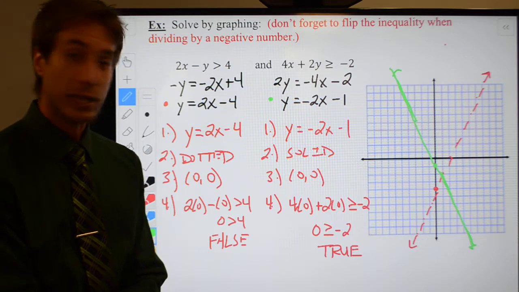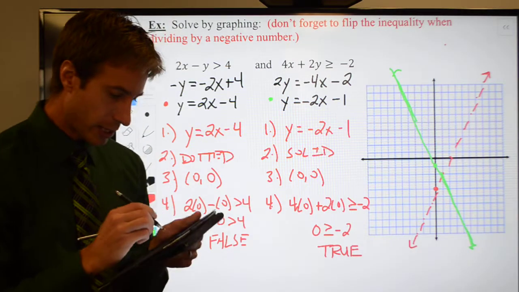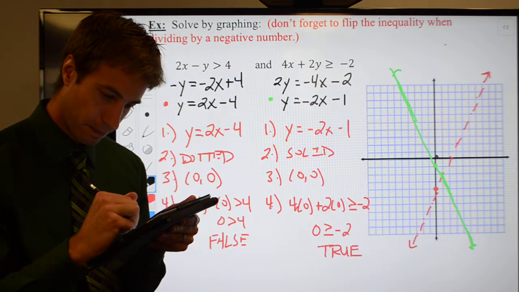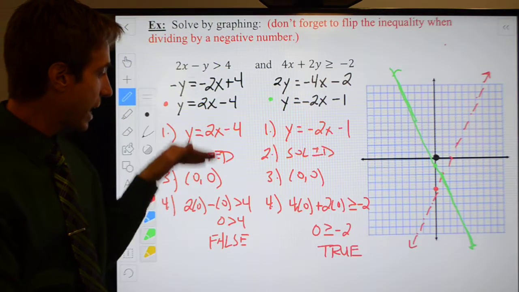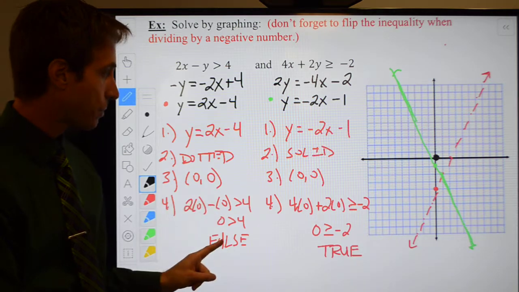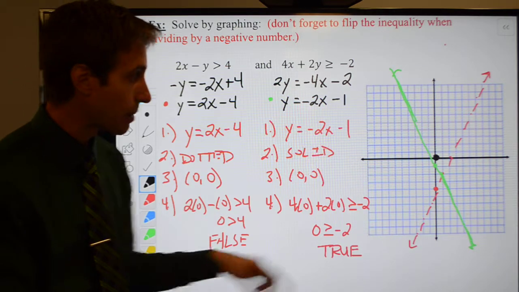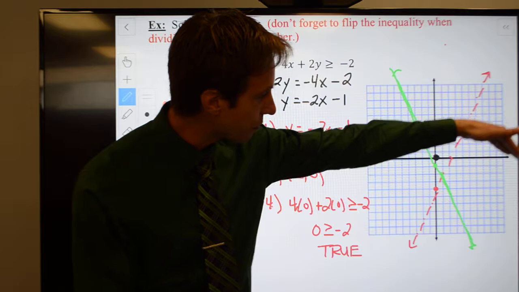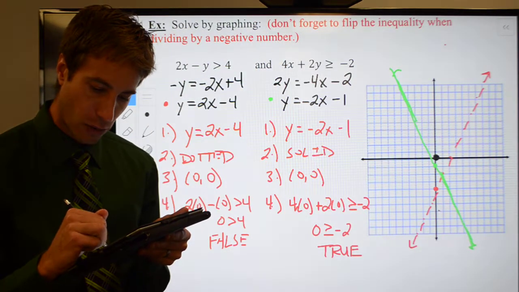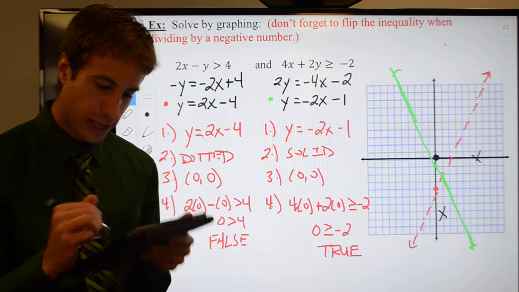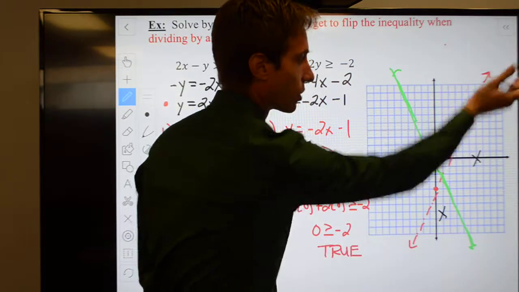Okay, we need to do our shading. My test point is right here. Test point is at 0, 0. Now, for my red dotted line, my test point gave me a false statement, which means I need to shade everybody to the right-hand side of that graph. That's everybody over here and over here, right? That whole side.